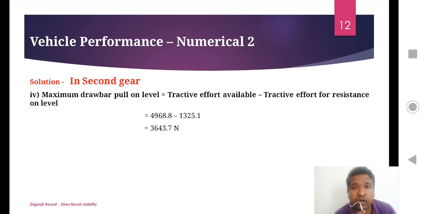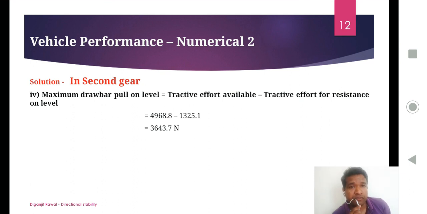So putting these values, it is equal to 4968.8 minus 1325.1. So the maximum draw bar pull on level becomes 3643.7 Newton.